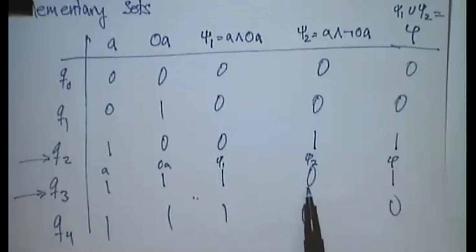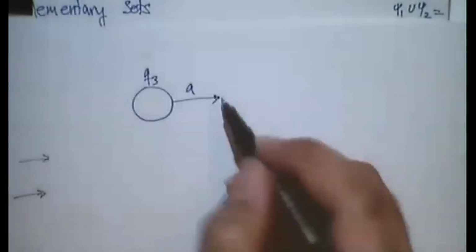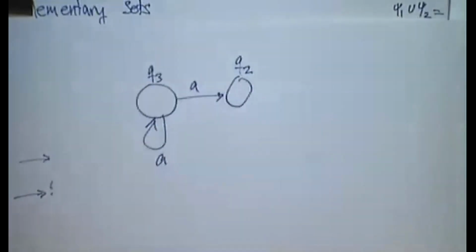And I'm not satisfying psi2. So this is one of those cases where I'm just promising that, okay, for now I satisfy psi1, and then later on I will satisfy psi2. So wherever I go from Q3, I should keep that promise and have phi as well. And I don't have phi in Q4. So from Q3, I can only go to Q2 and Q3. So I can go to Q2 with the letter A, or I can go back to Q3 with the letter A. Okay. So this is the case of Q3.